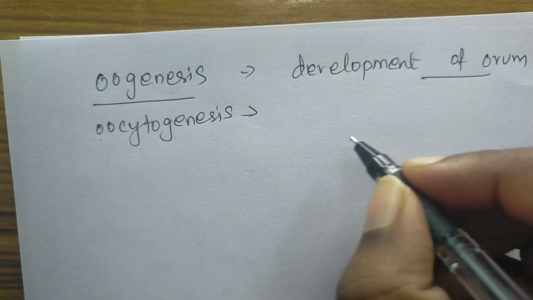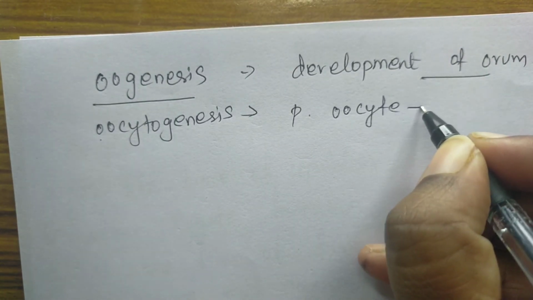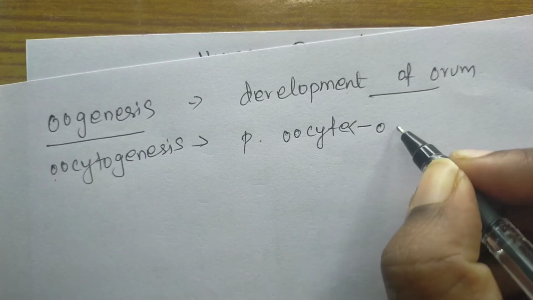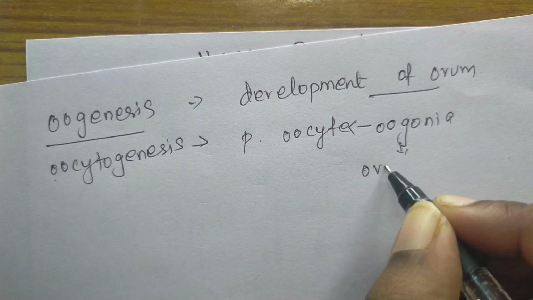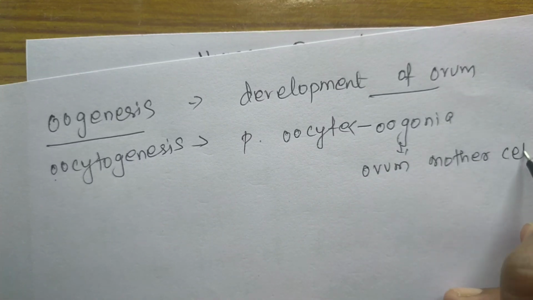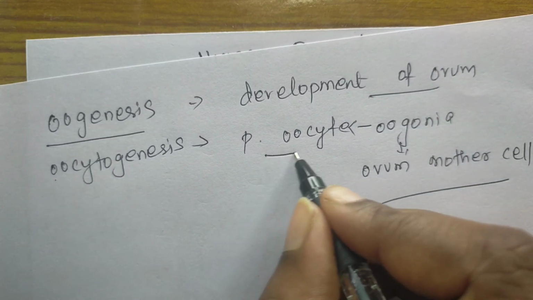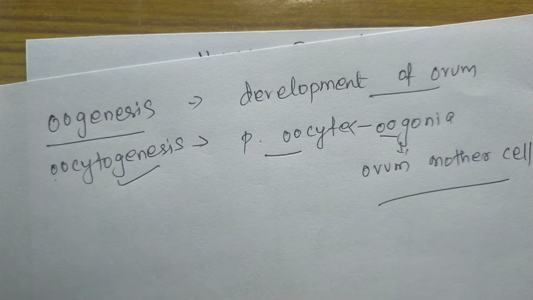It is the development of primary oocyte from the oogonia. Oogonia is also known as the ovum mother cell.